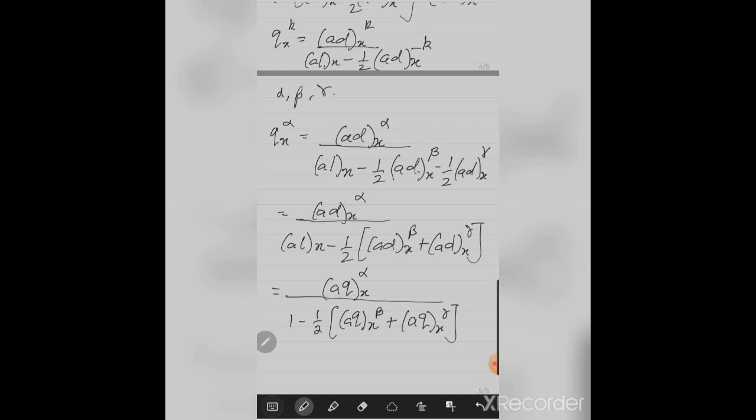So we get this because we divide everything by alx. So after dividing this all by alx, you get the second part.